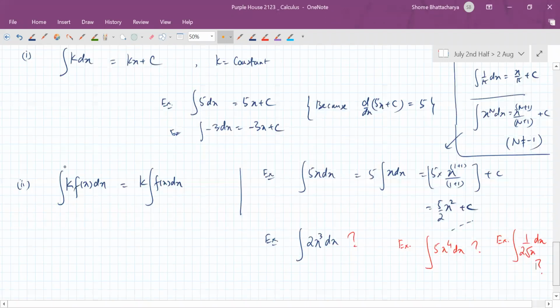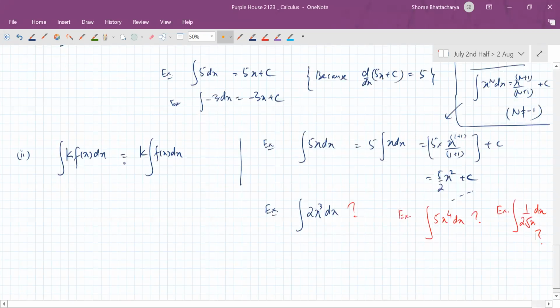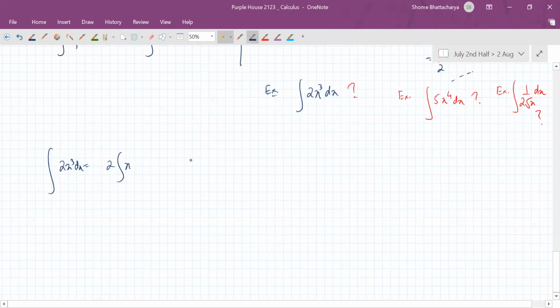So first take the 2 outside, then apply the formula. That's the first one.